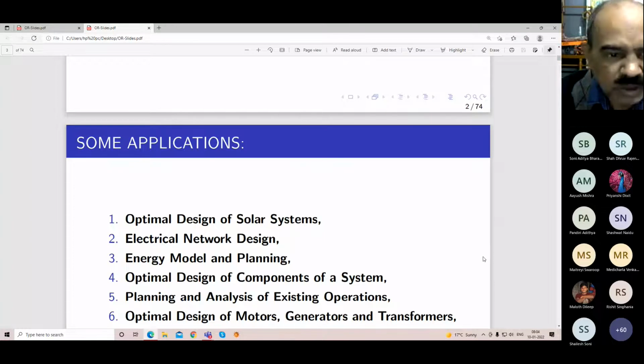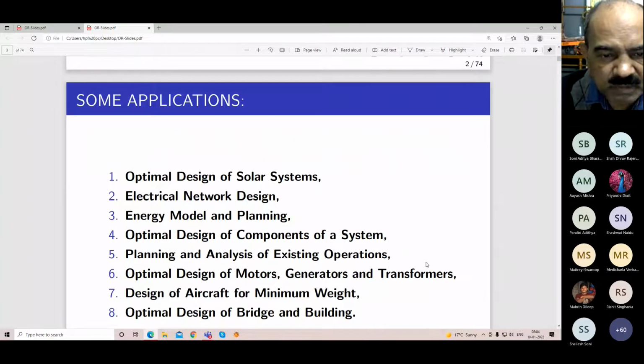For example, optimal design of solar system, electrical network design, energy model and planning, optimal design of components of the system, planning and analysis of existing operations, optimal design of motors, generators, transformers, etc. Design of aircraft for minimum weight, optimal design of bridge building.